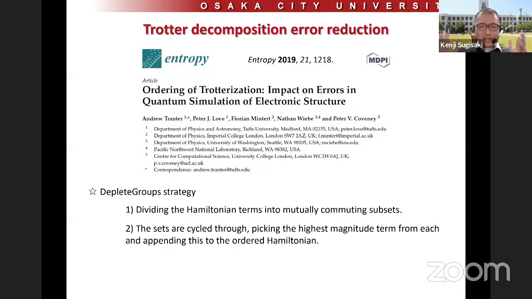And inside the subgroup, I mean, let's say the group A is in the magnitude order. So by applying this approach, the error becomes smaller than the magnitude order.